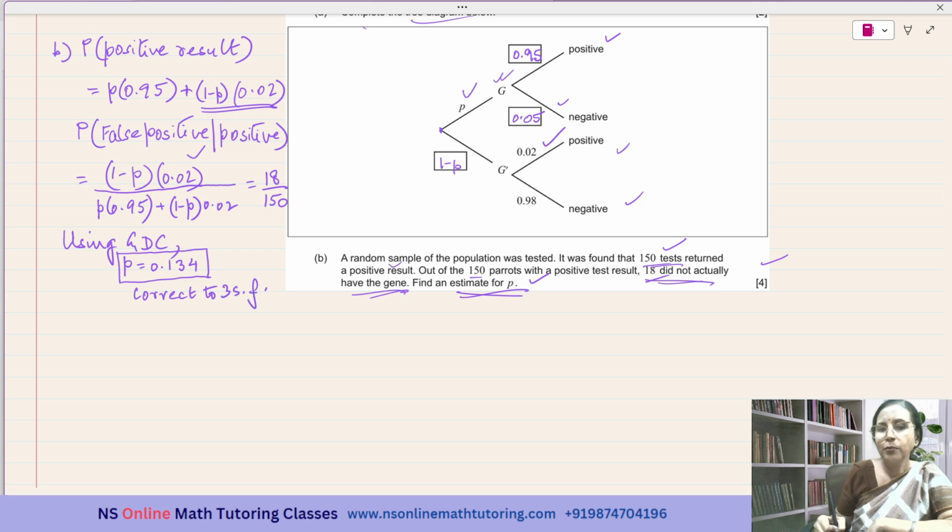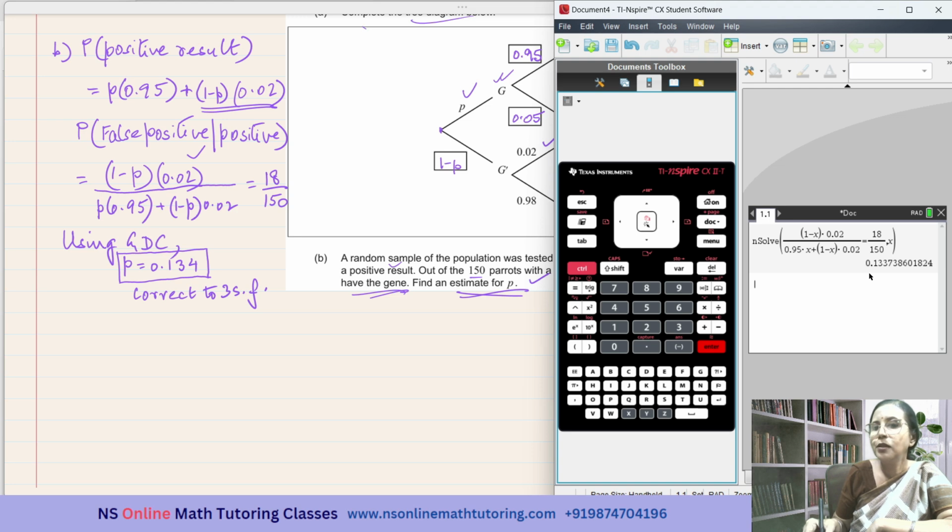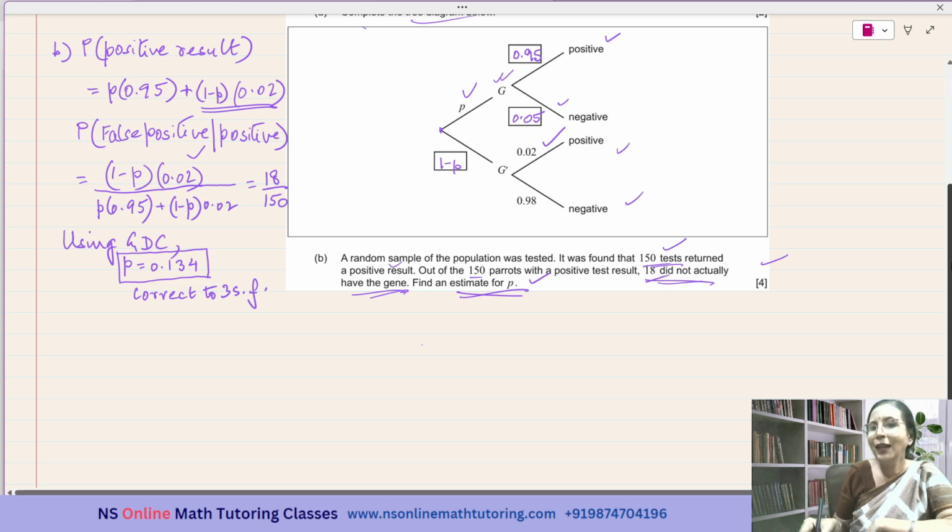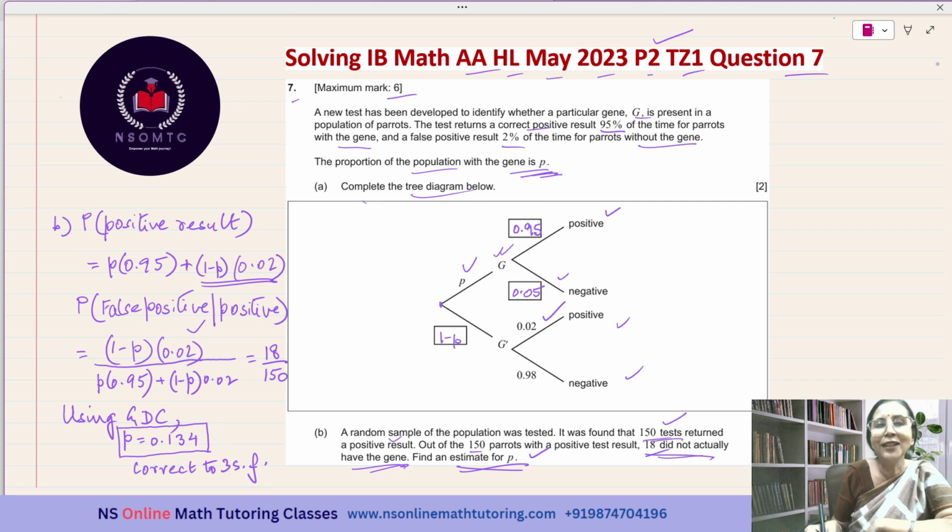Let me once more check the answer. It is 0.134. Yes. So this brings us to the end of this session, because we have answered this question completely.